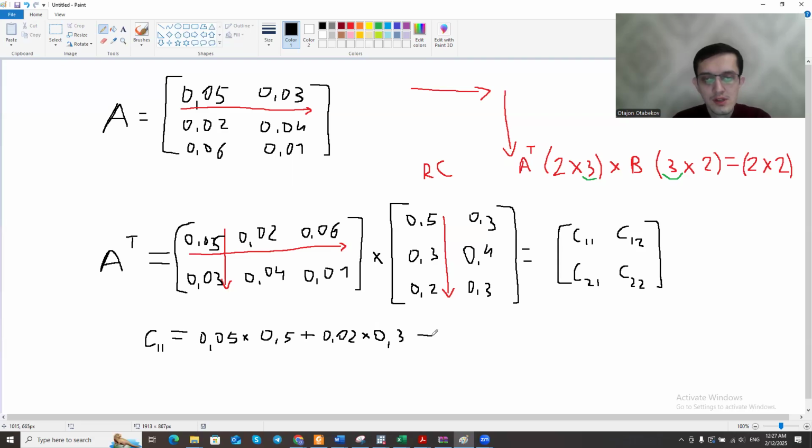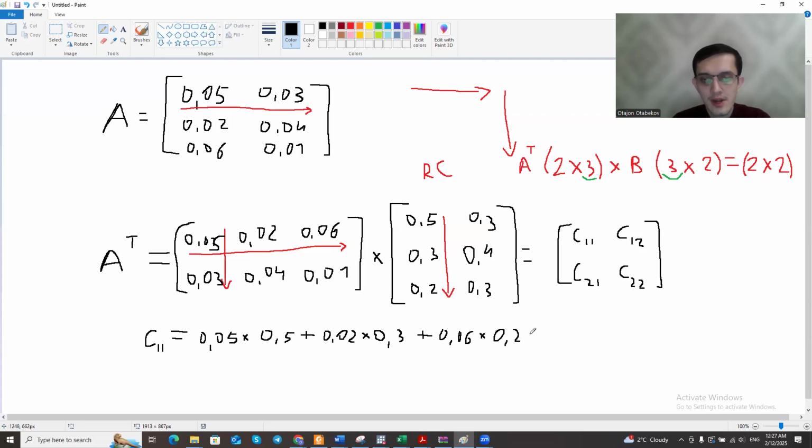Then again addition, now it's times the third element, 0.06, and then multiplied by 0.2, the third element of the first column of the matrix B.